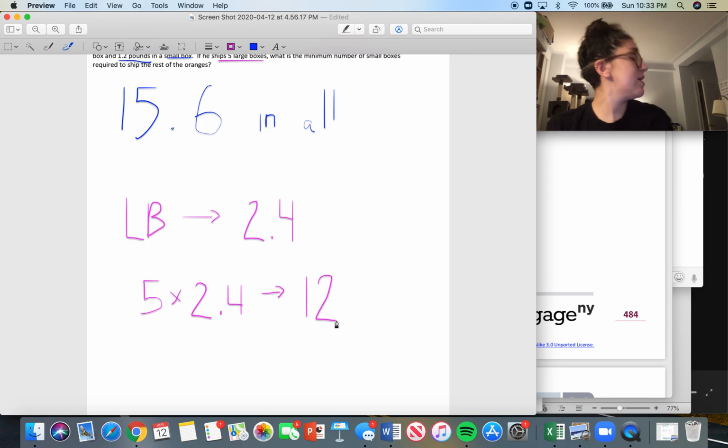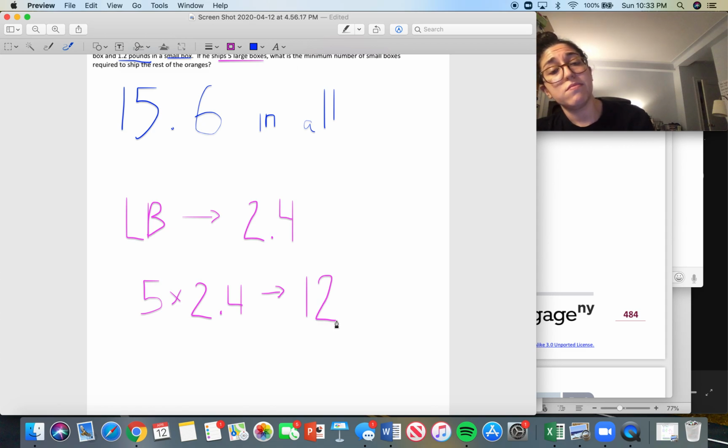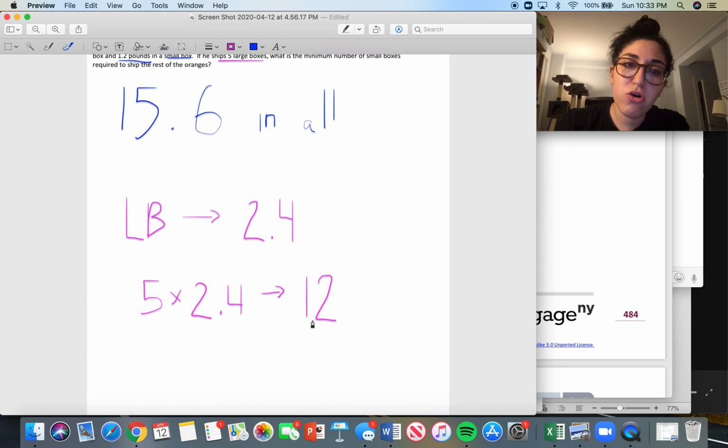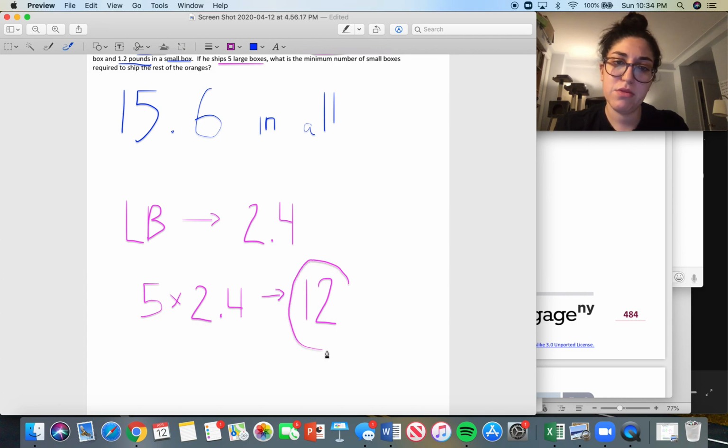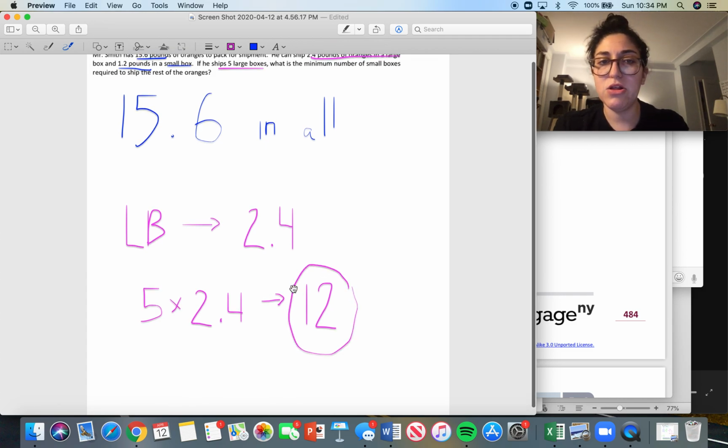And we can check. Alexa, what's 5 times 2.4? 5 times 2.4 is 12. All right, so the way I thought about it is I know that 5 times 24 is 120. So 5 times 2.4 would be just taking the decimal point and moving it 1 over, and I would get 12. So now I know how many pounds he can ship in the large boxes.